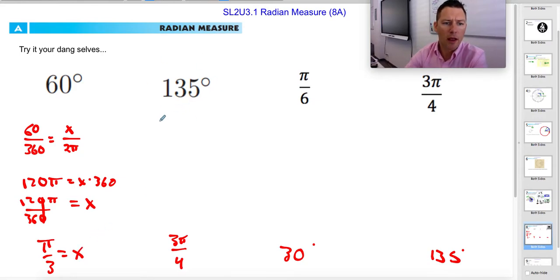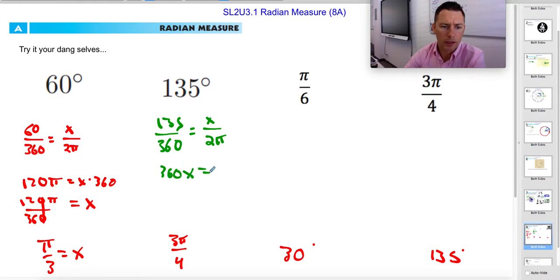This you do the same sort of thing. Let's do it in green. So you go 135 over 360. The part of the circle over the whole circle equals the piece in radians over the whole in radians. And so you get 360x equals 2 times 135, which is 270 pi.